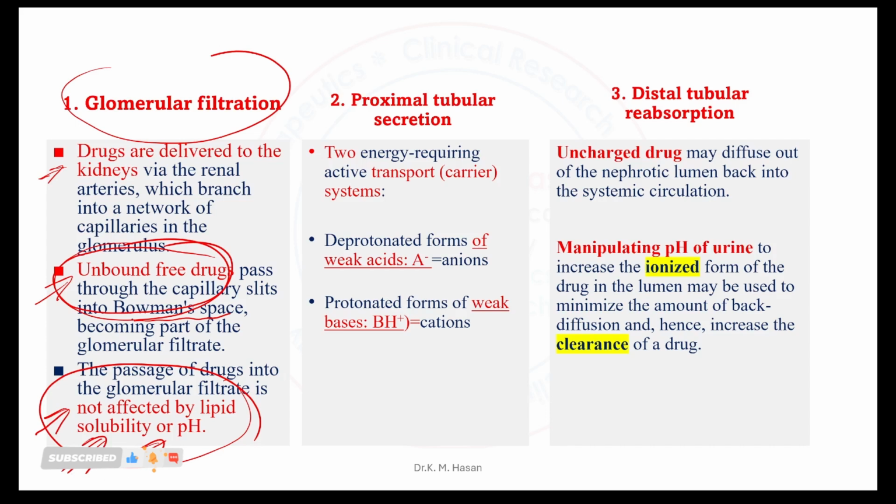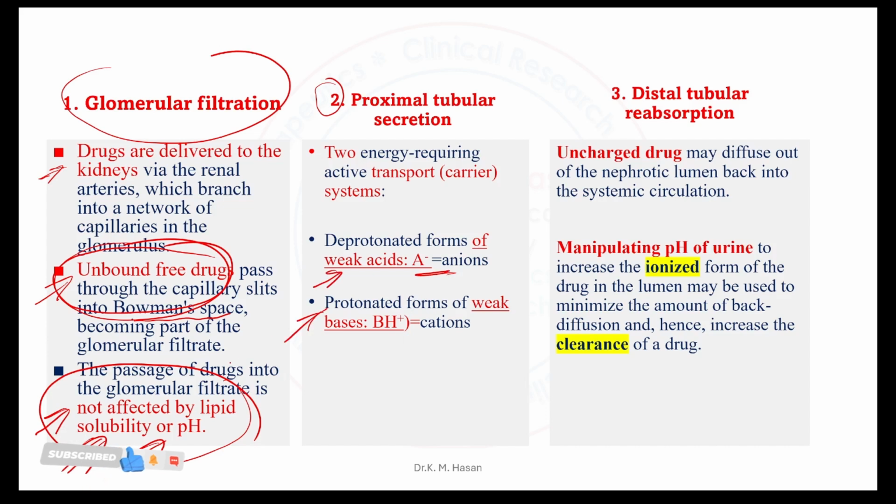Moving to the second part of the mechanism of elimination, proximal tubular secretion. Here we have an energy requirement for the active transport. We have one transport system responsible for weak acid transport, and another responsible for weak base transport.